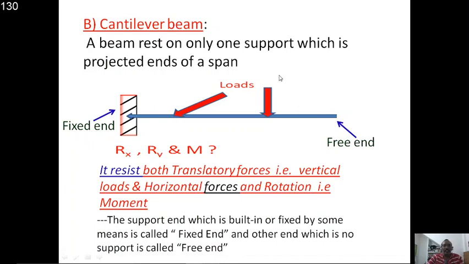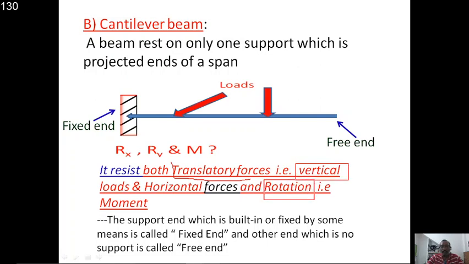Similarly, for the cantilever beam, there is support at one end only. That support is known as fixed end support, and the other end is known as the free end, where there is no support. Due to the fixity at one end, it can resist all the translatory forces, vertical forces and also rotation.